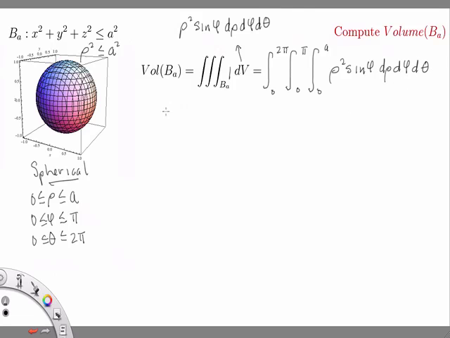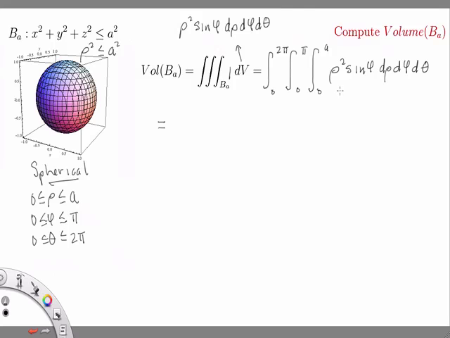So now we've written our triple integral, which was coordinate free, in terms of the spherical coordinate system. And at this point, it really doesn't matter that these are rhos and phis and thetas. The calculus is exactly the same as if they are x's and y's and z's.